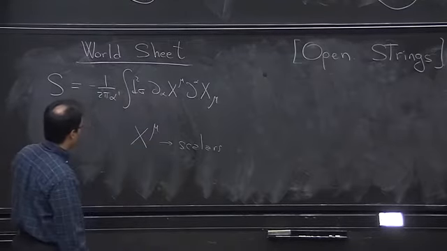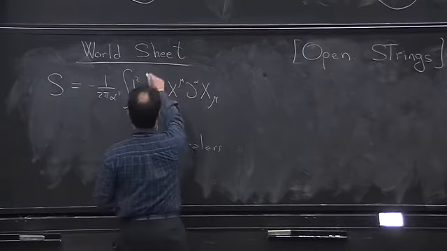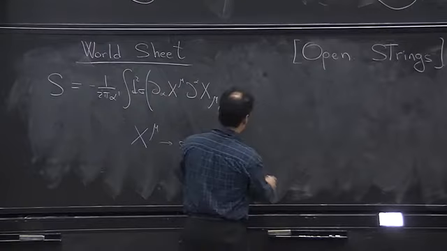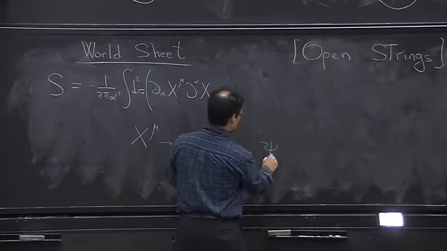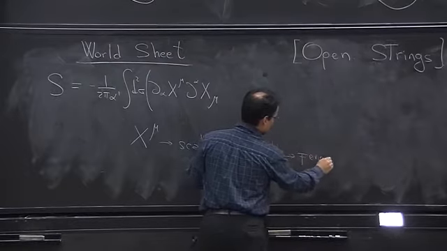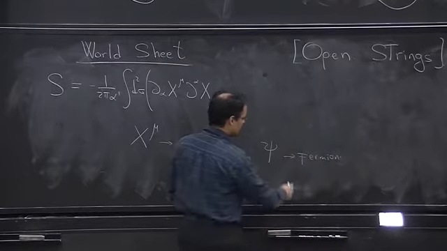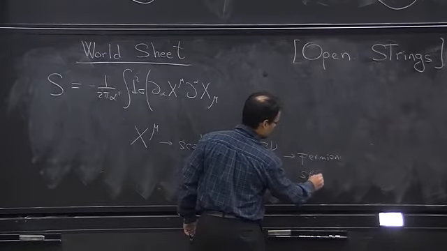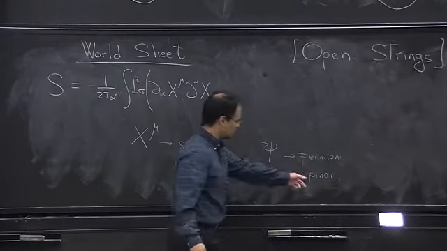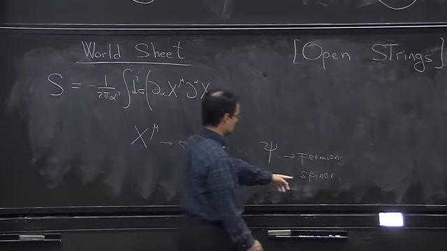So we can do the same thing. By analogy, we can say, well, maybe what we should add to this action is something that will be a fermion. Well, this refers to the statistics, but we know that it has to be a spinor. In terms of representation, it's a spinor under the Lorentz group of 2 dimensions, under the 2-dimensional Lorentz group.